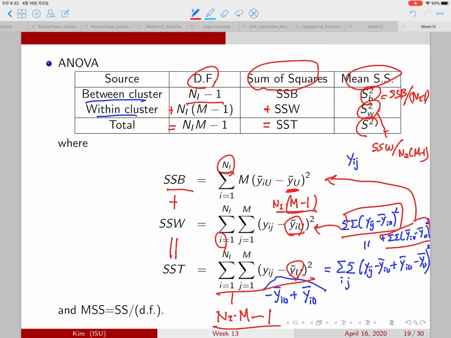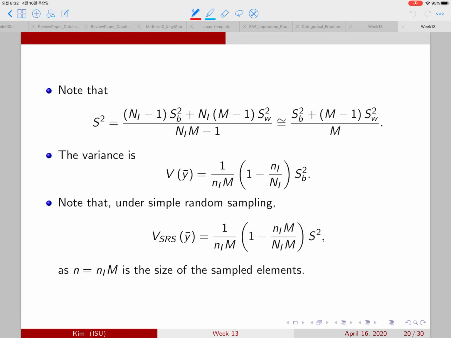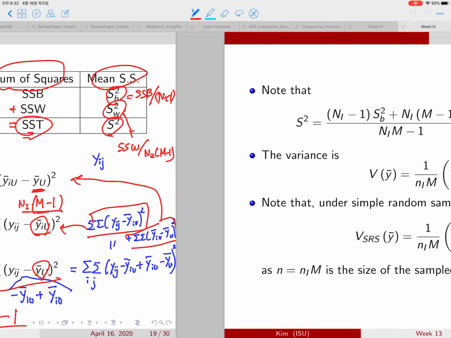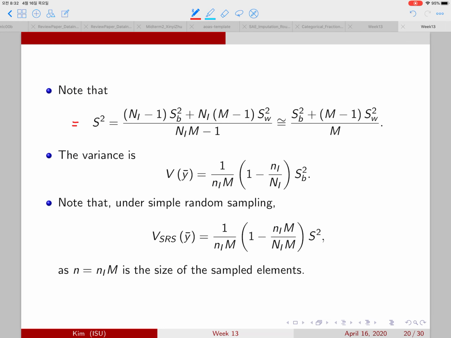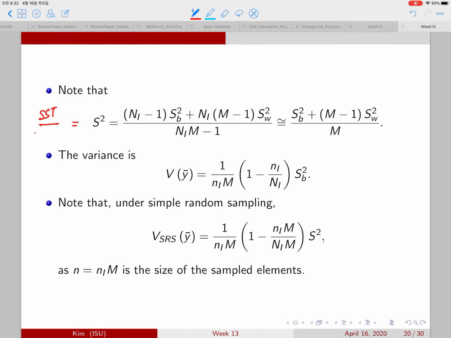Now, of course, this S squared is this one divided by this one. So this S squared is the total SST divided by N m minus 1.